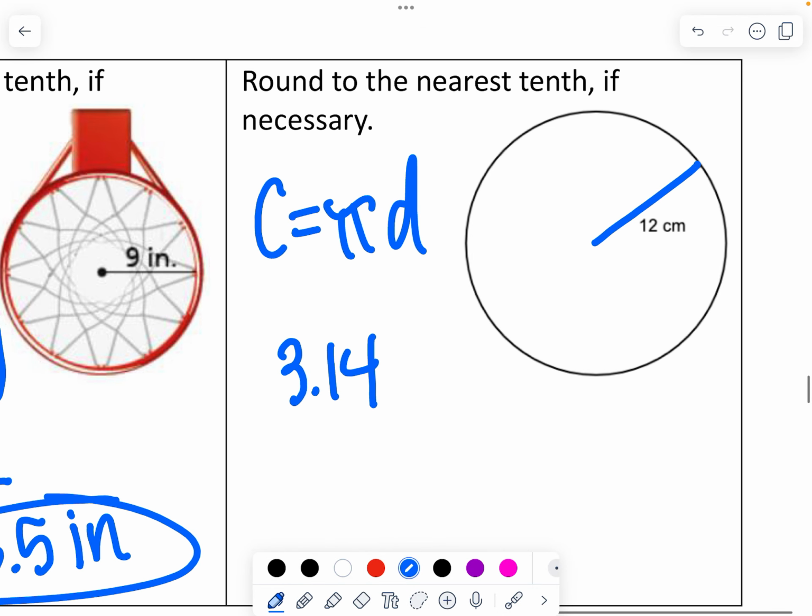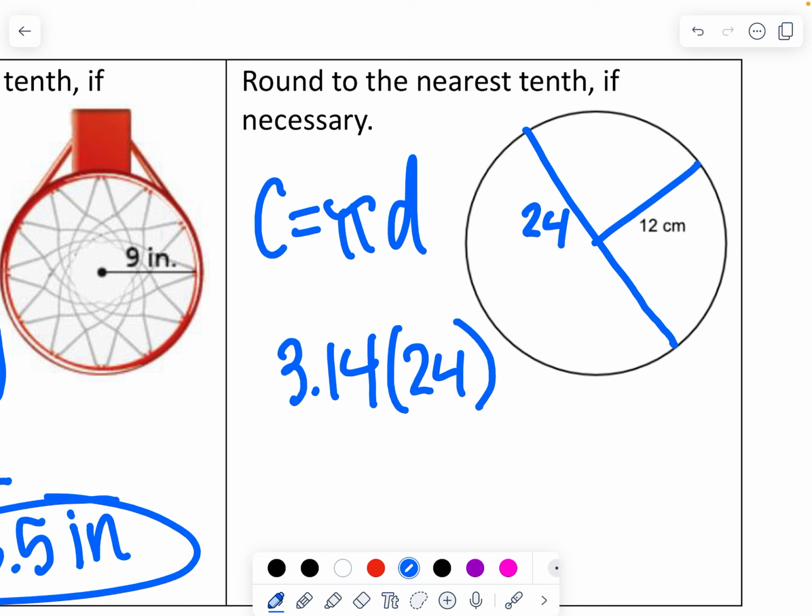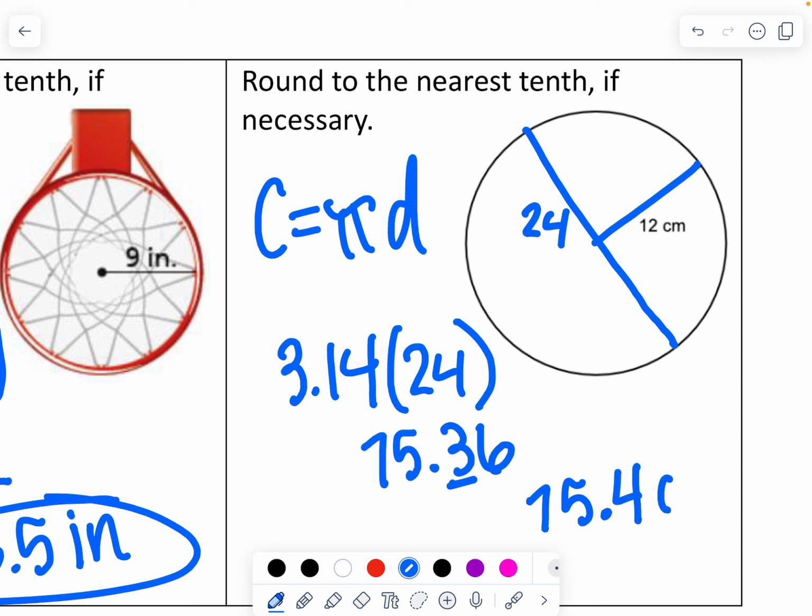And so if I want to know the full diameter across, it would be 12 times 2, which is 24. So the diameter would be 24. So I would do 3.14 times 24. And we get, in our calculator, 75 and 36 hundredths. And then if we rounded that, it would be 75 and 4 tenths centimeters.